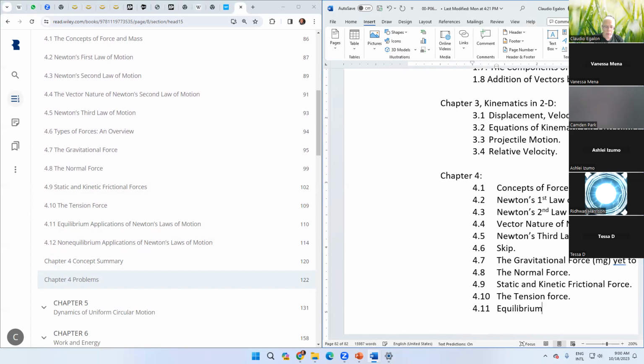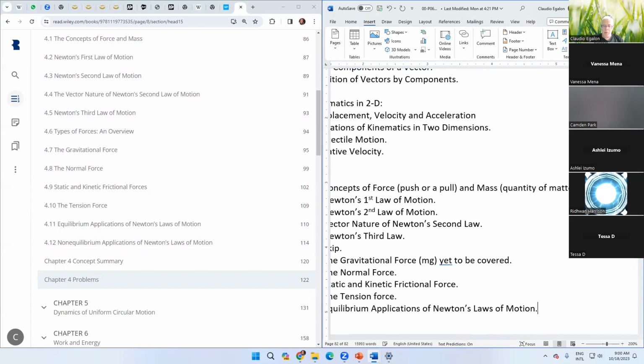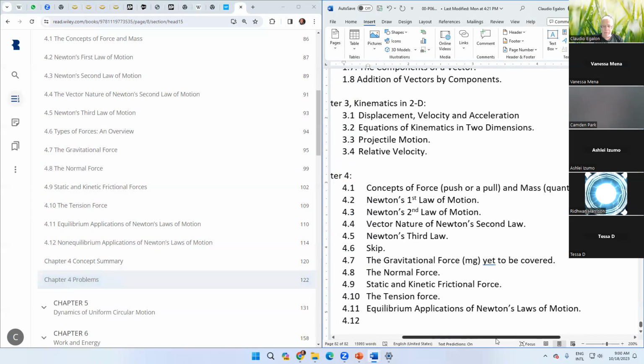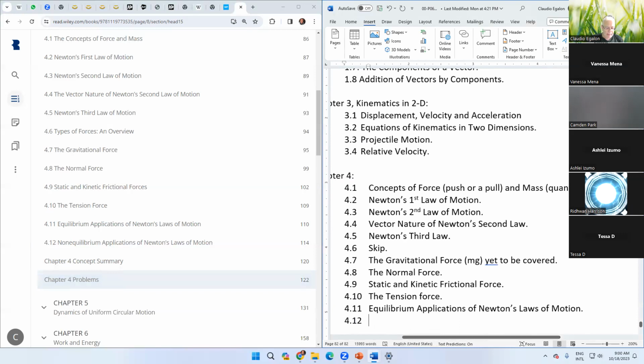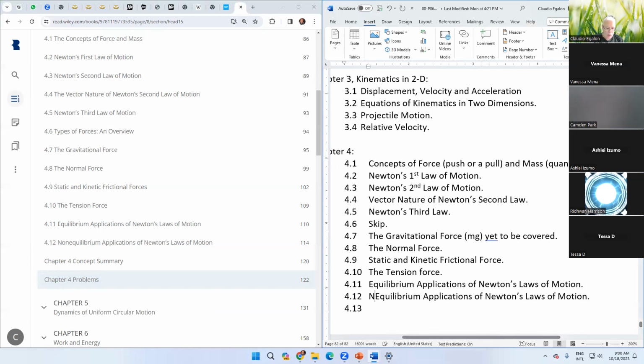For 11, it's equilibrium applications of Newton's laws of motion. We're going to cover that. It's just examples. In a way, we have covered, and non-equilibrium applications of Newton's laws of motion.